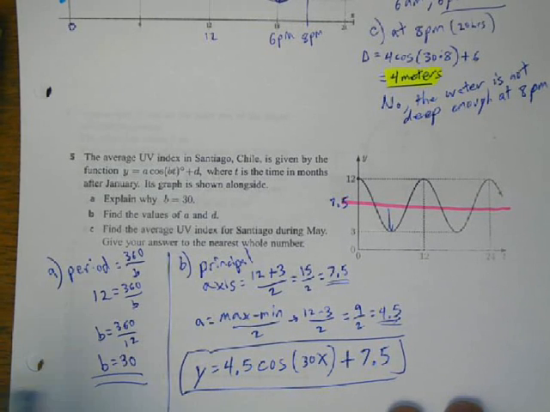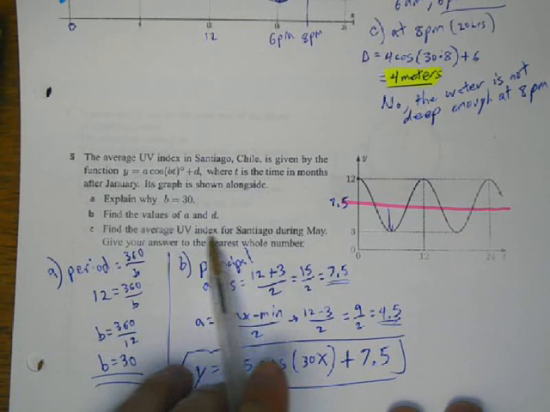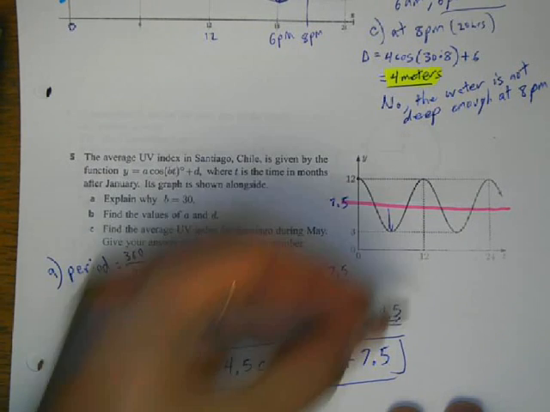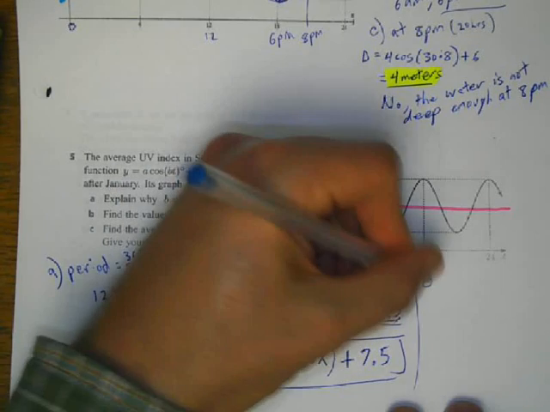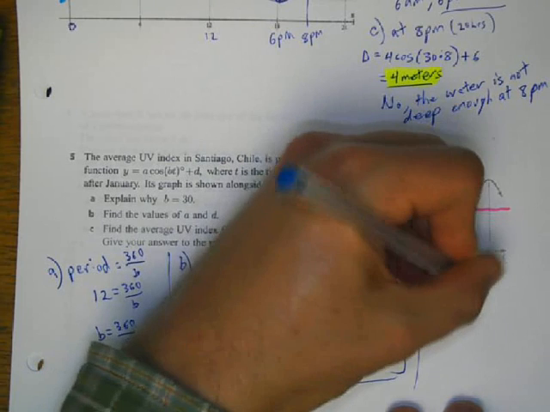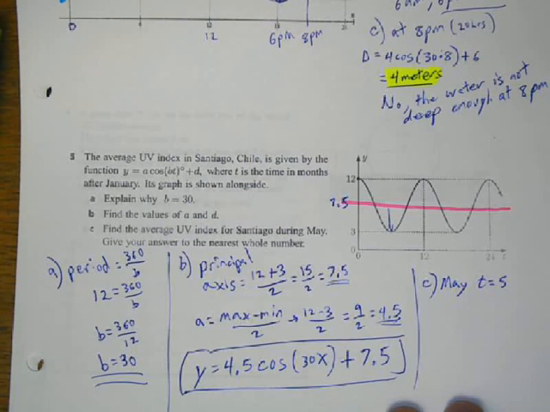Question C. Find the average UV index for Santiago during May and give your answer to the nearest whole number. So for question C, May is when t equals 5. So I'm going to plug in 5 in place of x.